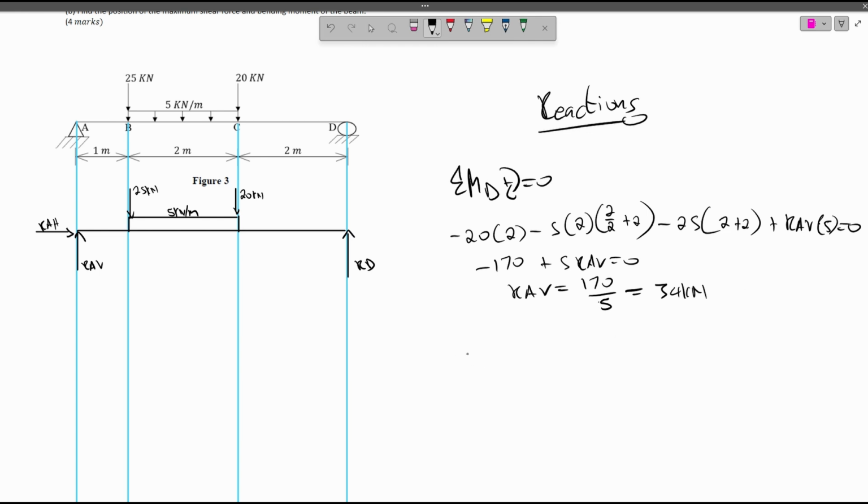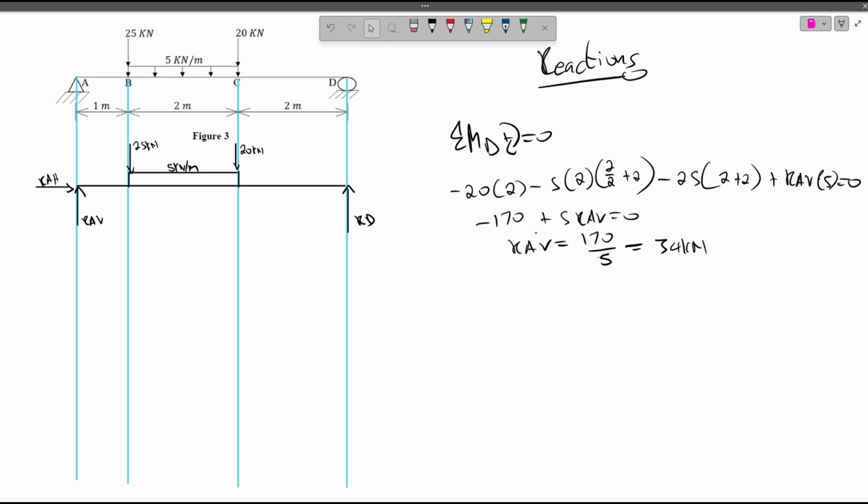Now let's take moments at A. Sum of moments at A, clockwise positive, is equal to 0. We have our 20, which is positive. 25 times 1 plus our 5 times 2, 2 over 2 plus 1, and 20 times 2 plus 1. It's going clockwise also.